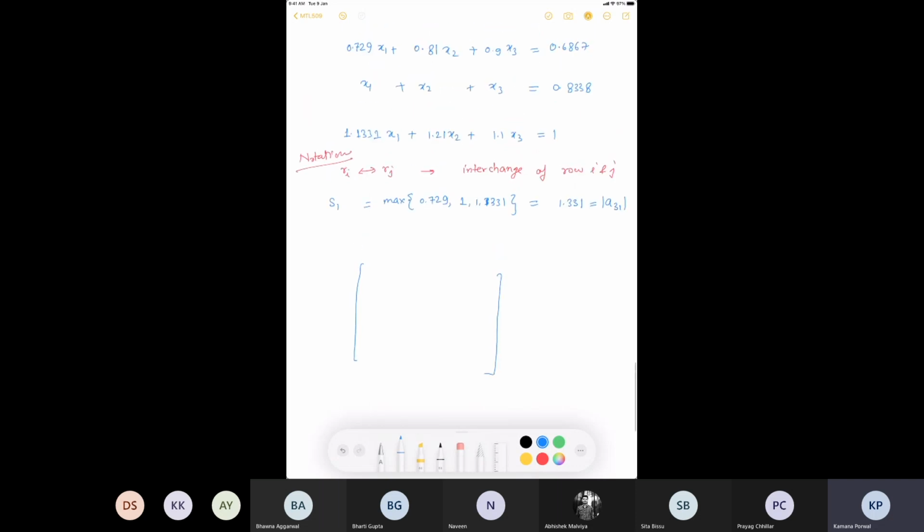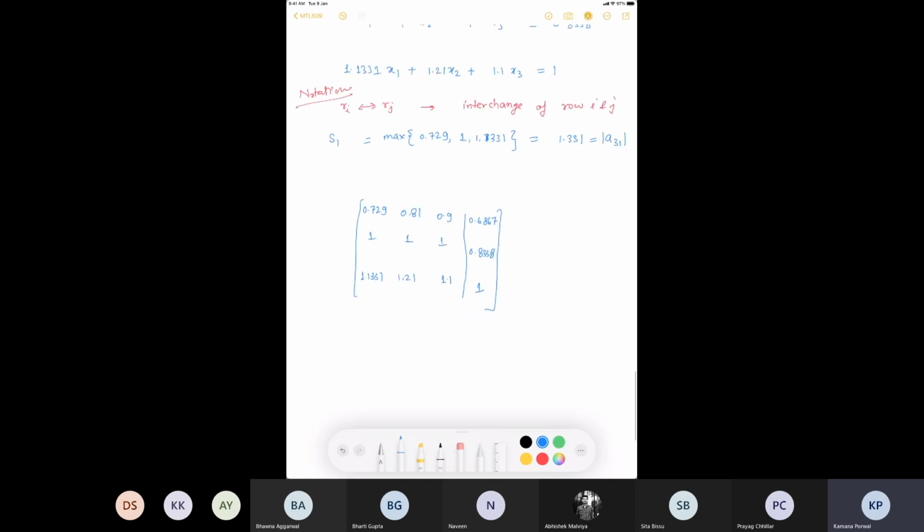The coefficient matrix is 0.729, 0.81, 0.9, 1, 1, 1, 1.1331, 1.21, 1.1, and the right-hand side vector is 0.6867, 0.8338, and 1.